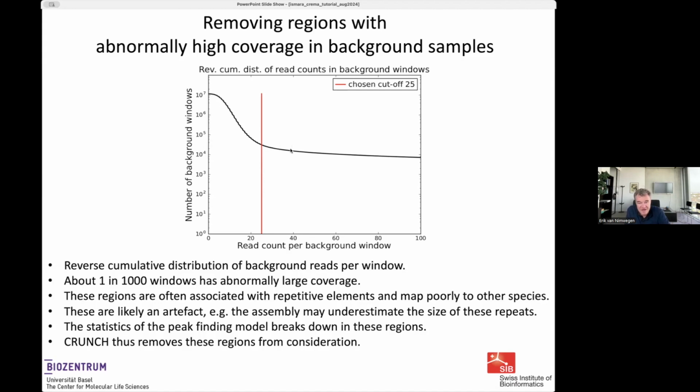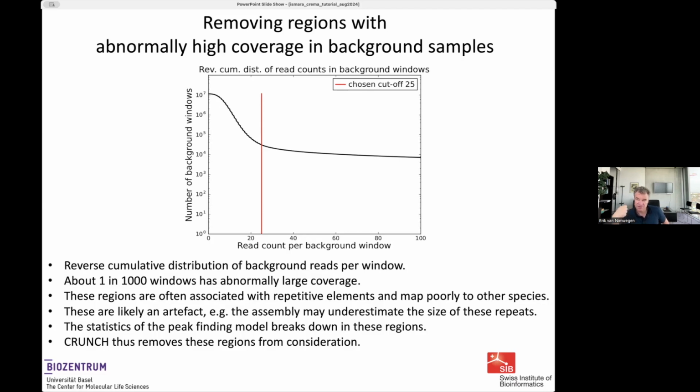But then there is a very long tail, and you have regions that have more than 100 and even many more reads mapping to them. So even in the background, there are some windows in the genome where there's a very large number of reads mapping. If you look into those regions, you find this is often repetitive DNA that poorly maps to other organisms, and it's hard to find orthologous regions in other organisms.